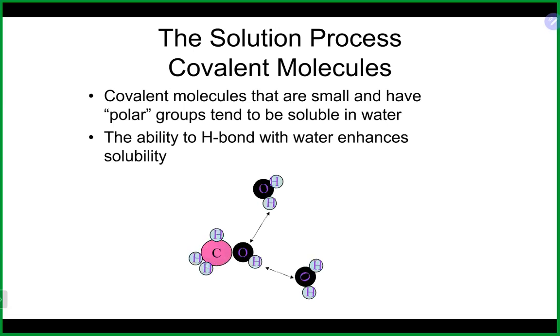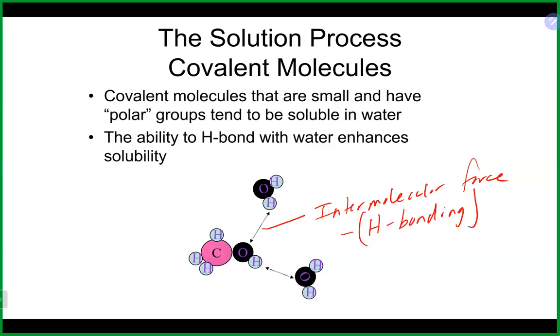This is methanol, and methanol can interact with water. And this bond here is what is referred to as an intermolecular force. And that is the force that holds 2 molecules together. And specifically, this is what is known as hydrogen bonding, which is the intermolecular force of choice of water. Water wants to hydrogen bond.